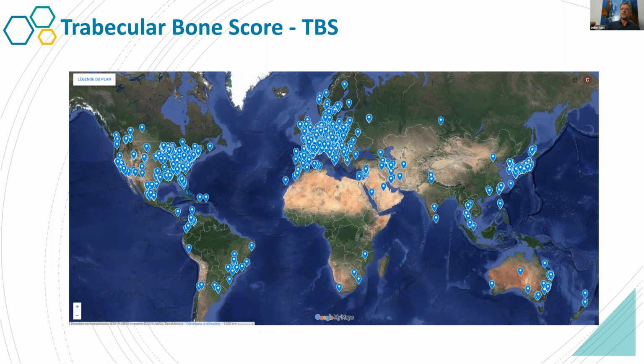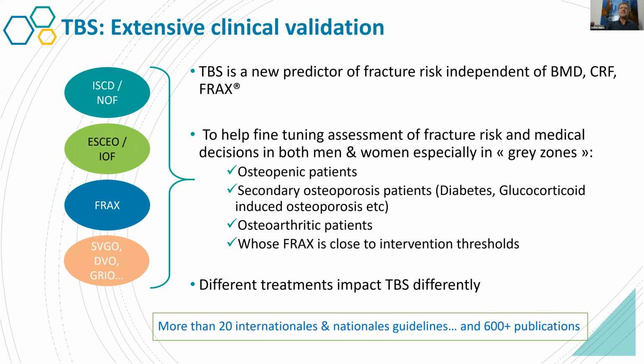Because of this retrospective capacity, there is a huge amount of literature: more than 600 publications and more than 20 international and national guidelines. So out of all these medical societies, what comes out? They say that TBS is a new predictor of fracture, which is independent of BMD, clinical risk factors, and FRAX.